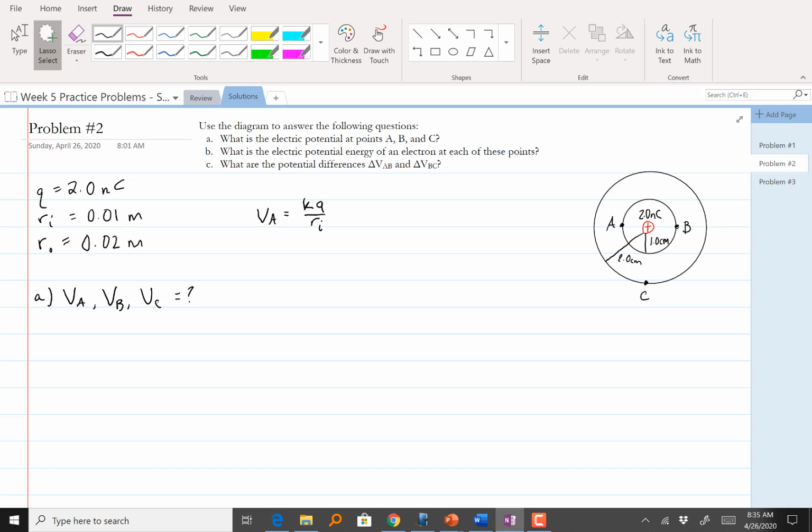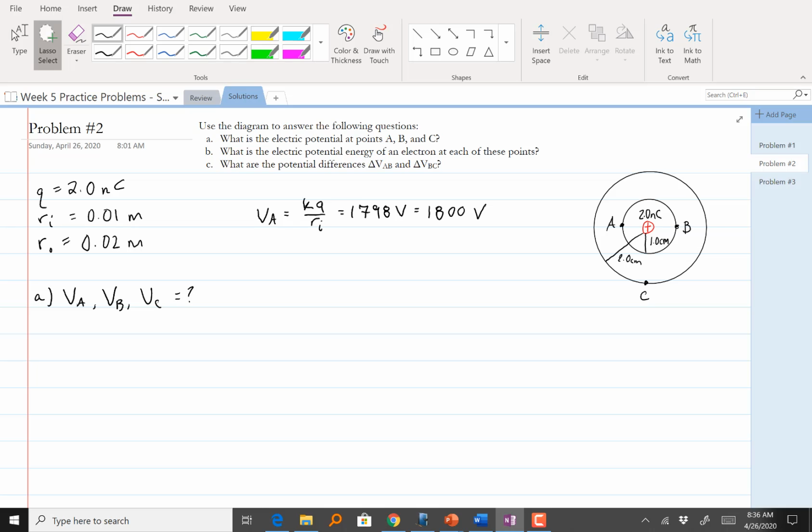And I can calculate a value for that. In this case, I'm going to get a voltage of 1,798 volts, or in the 2 sig figs that I've got for this problem, 1,800 volts.